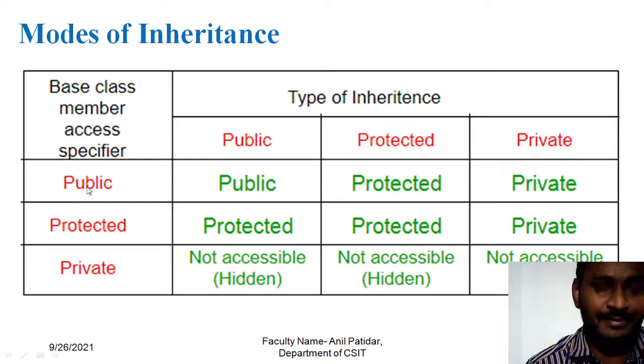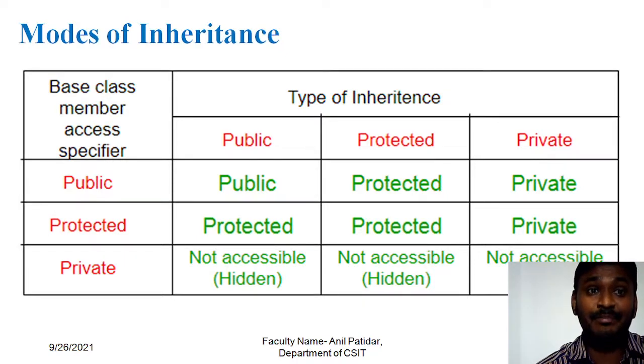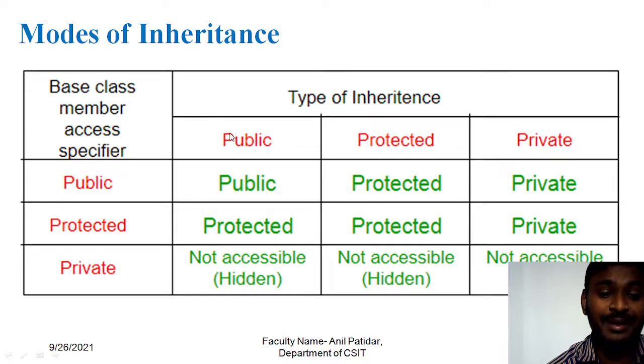When a derived class is derived publicly from the base class, then all the public data members of the base class are public for the derived class, the protected data members are protected for the derived class, and the private data members of the base class are private for the derived class.